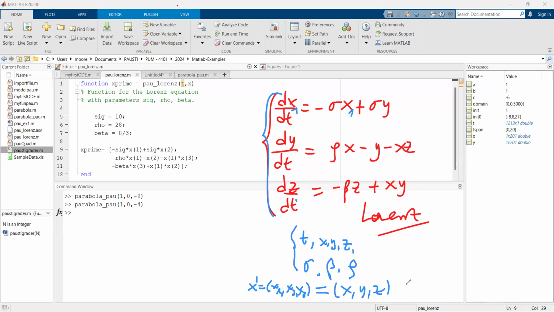Here is also x1. Now this guy becomes x2. This is also x2. And now this is x1. This is x2. And here now we have x1, x3. Here we have x3, and then here we have x1, x2. So we can rewrite this whole equation in terms of x1, x2, and x3, where we have said that x is now consisting of x1, x2, x3.